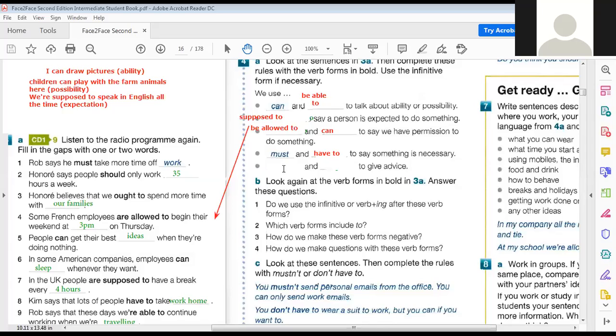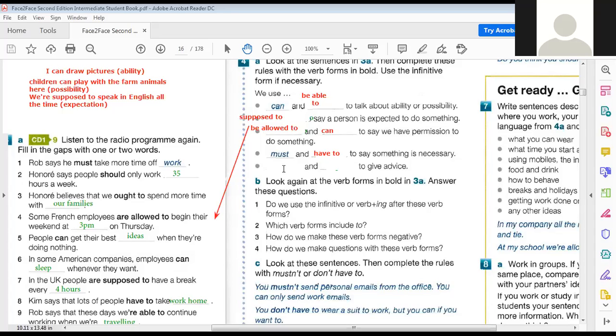the small difference is that with must, usually the obligation is from yourself. Rob says he must take more time off work, number one, because he's talking about himself.